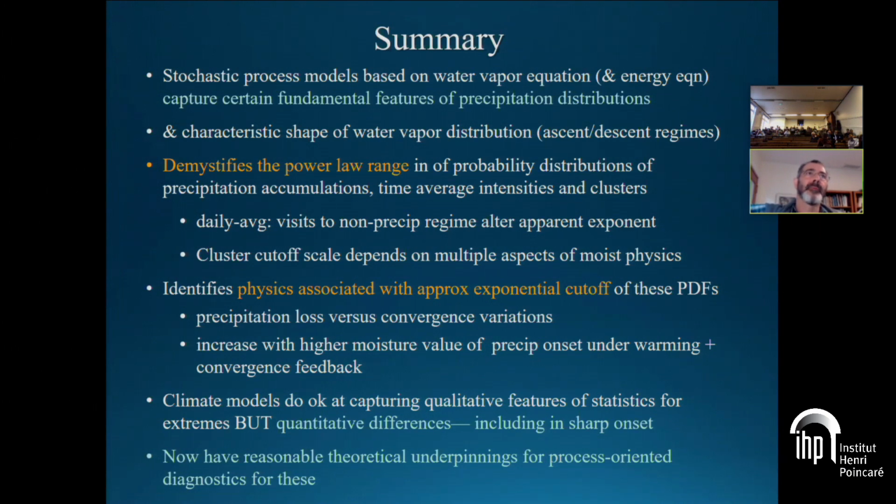But one remark from the results here is that for some aspects of the distributions, a very simple stochastic model is giving you explanations of the observed form of the distribution, including out to quite high precipitation intensities. And that means that there's something fundamentally simple about what's going on.